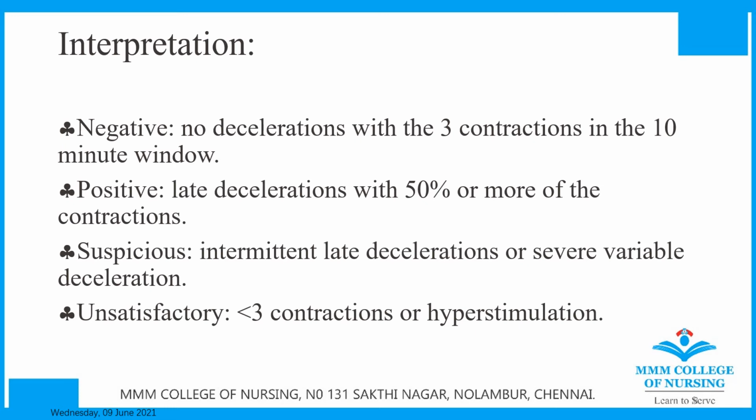If there is intermittent late deceleration or severe variable deceleration, that is suspicious. If there are fewer than 3 contractions or hyperstimulation, then the test is unsatisfactory. These are the interpretations of the CST.